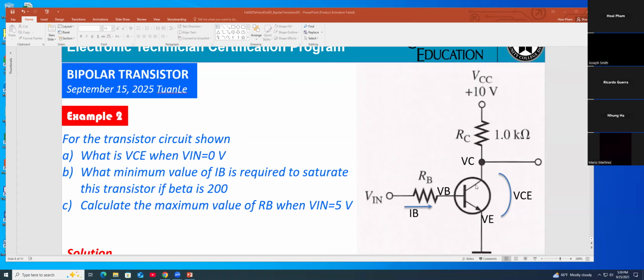That means open: the collector is open, the base is open, the emitter is open. So when the collector is open, the current from 10 volt goes to RC equals 0, no voltage drop. That will tell you VC will be equal to 10 volt.